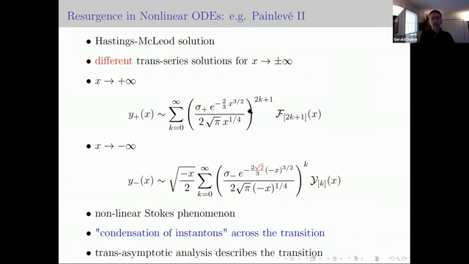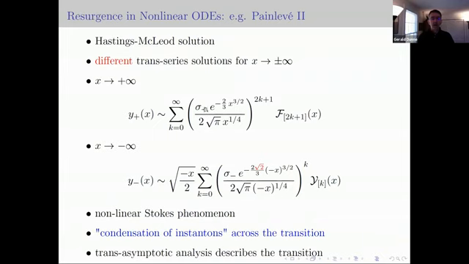Here now we have very different structure as x goes to plus infinity and minus infinity, and that's a consequence of this nonlinear Stokes phenomenon, that now when we're rotating from plus x to minus x through the complex plane, we're sweeping through an infinite wedge region of poles, and all sorts of interesting things happen when you cross this pi/3 wedge full of poles going from plus infinity to minus infinity.